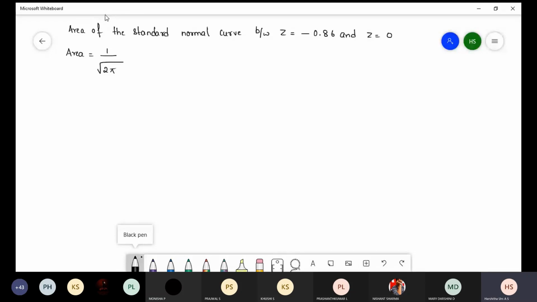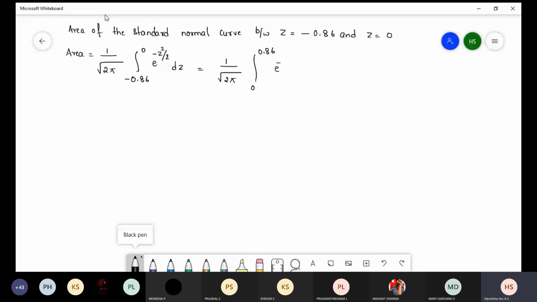Here minus is there, so minus 0.86 to 0 e power minus z square divided by 2 into dz. So that is equal to 1 divided by root of 2 pi, according to the rule of the symmetric property, 0 to 0.86 e power minus z square by 2 into dz.